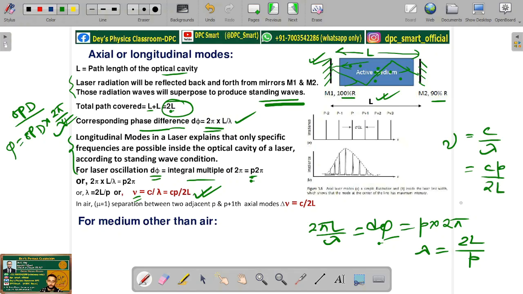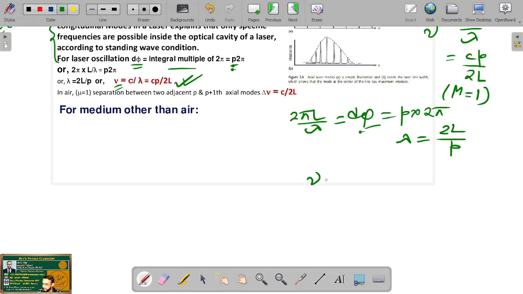The condition here is mu equals 1, that means the refractive index of the medium is 1, that is, in air. So in air medium, the corresponding frequency or mode would be nu equals c p divided by 2L.